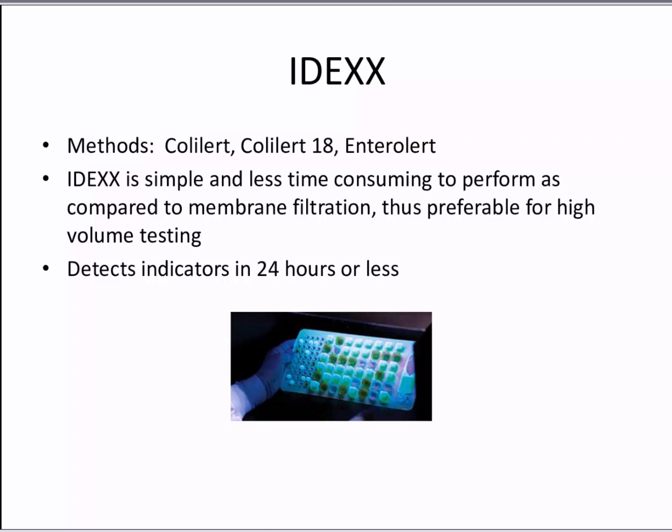And so if the indicator is present in the water sample, it will actually use its enzyme to metabolize the substrate in the media and grow and cause a change in color and fluorescence.